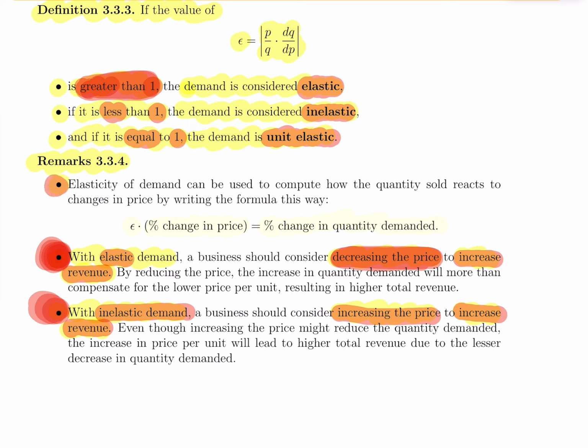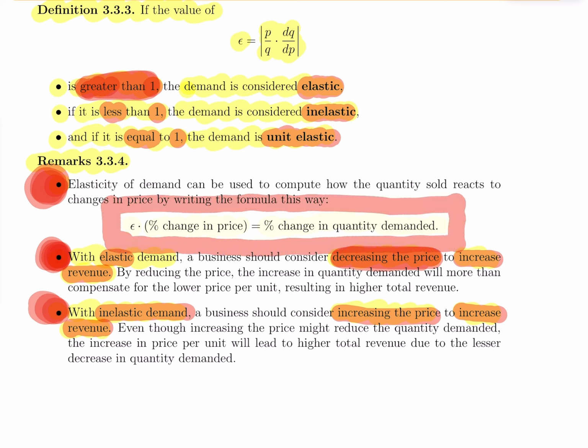And you can also use this number mathematically to make some calls. Suppose you compute your elasticity and you have that number. You can use that number to predict or to compute what will happen to your demand, or the quantity that you're going to sell.